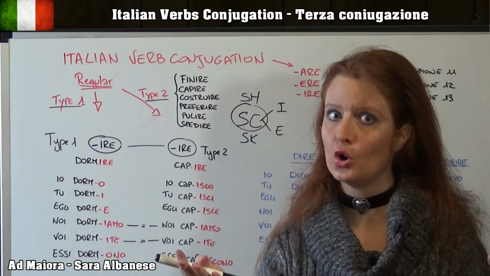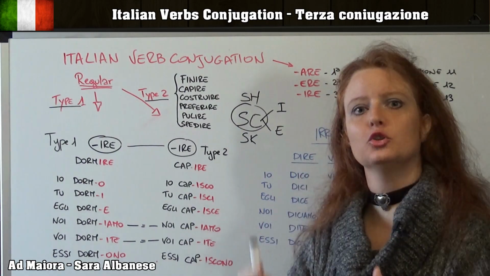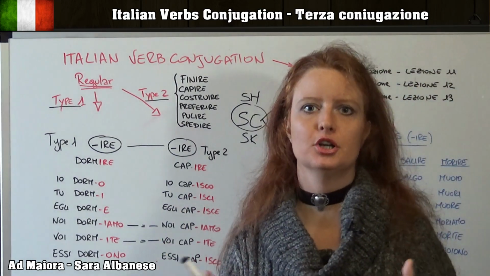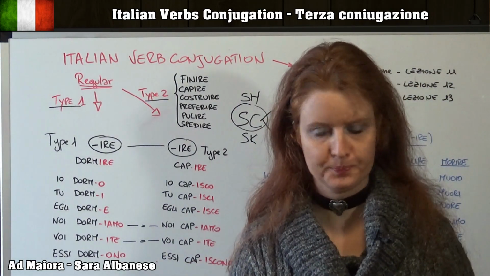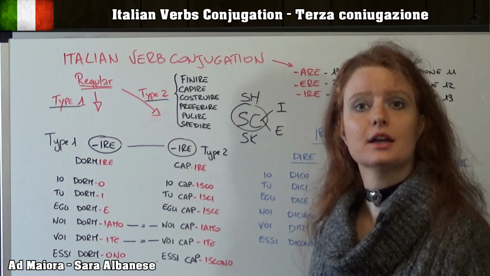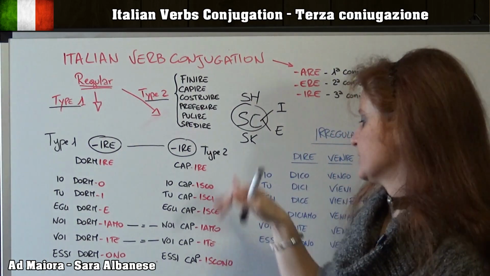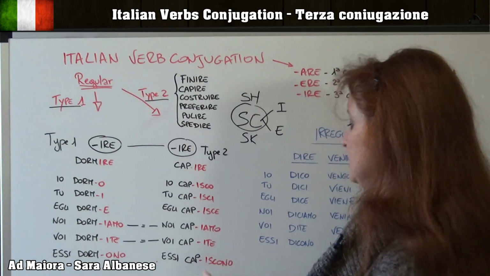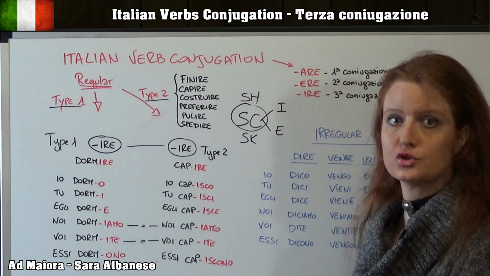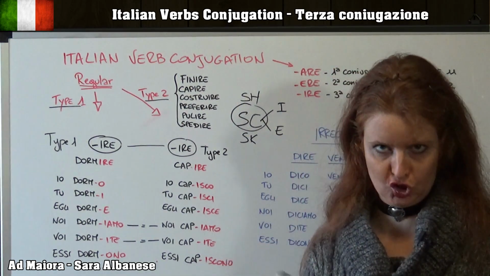Io capisco, tu capisci. When SC is followed by I or E, it is changed into another sound which is similar to the sh in English. Noi capiamo, voi capite, and the very last person, the third person plural, is following the same phonetic rule as the first person singular, capiscono. Also in this case I've got an O after SC.